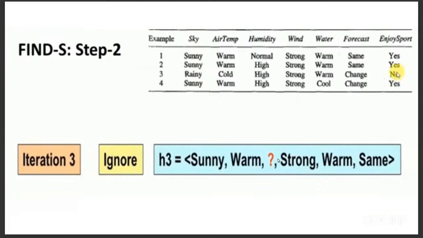So we ignore the third row. Why? Because even though the value is not matching the original hypothesis, the output will not be matched, because we are focusing on positive cases, not on negative cases. Positive case is Yes. Negative case is No. Okay.